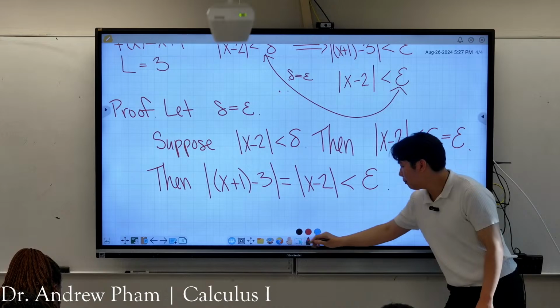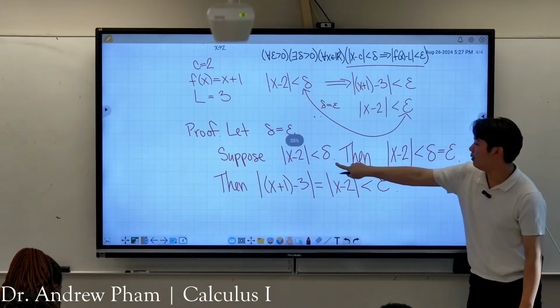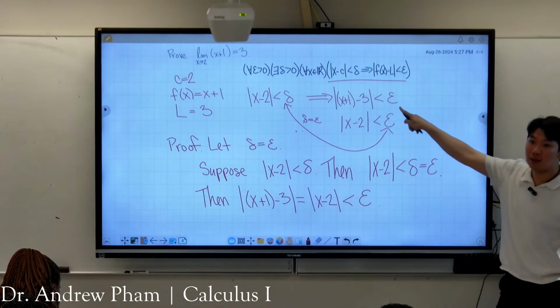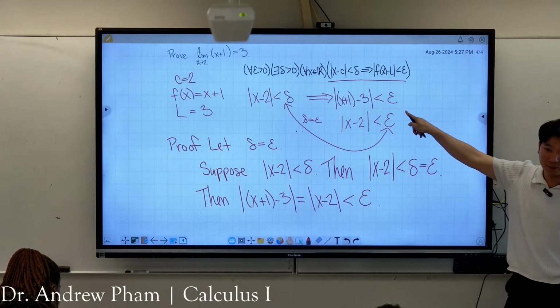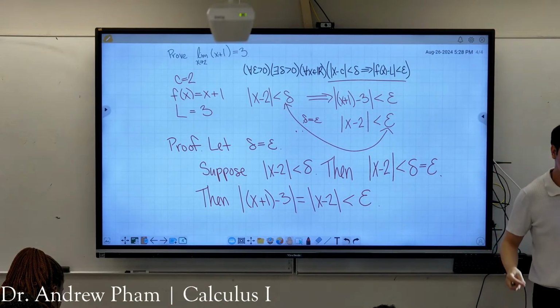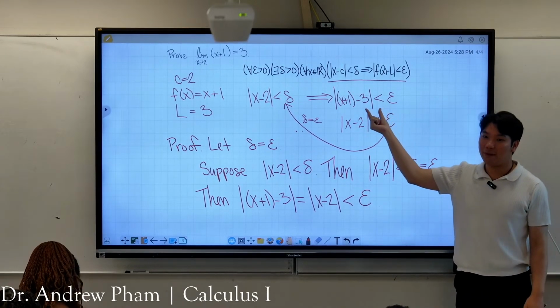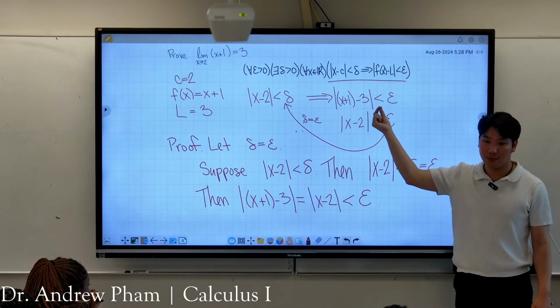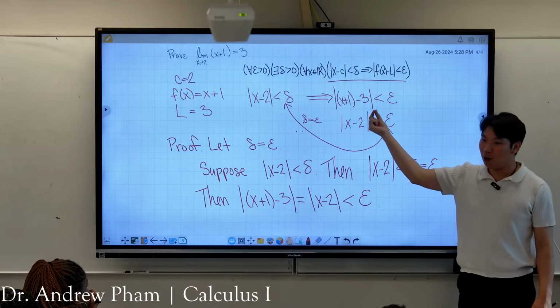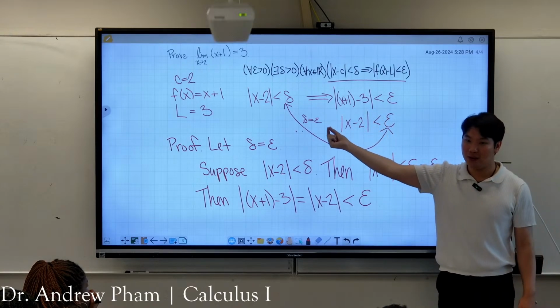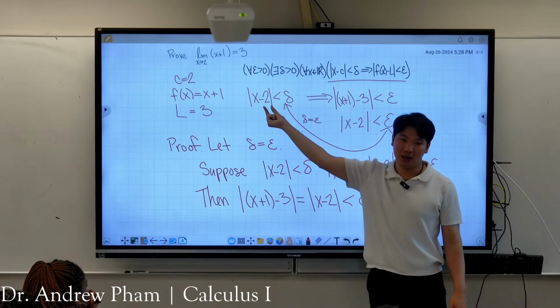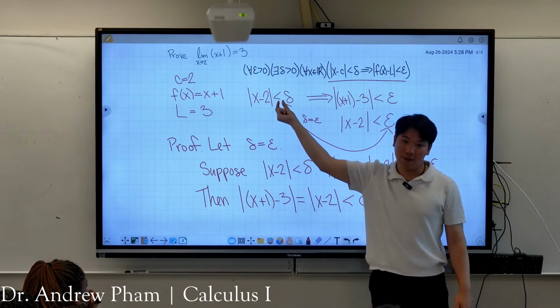So in other words, I started off with this, and I proved that this was always smaller than epsilon. In other words, if I choose my limit and my function to be within some distance, I can always use that same value for distance between x and my c value.